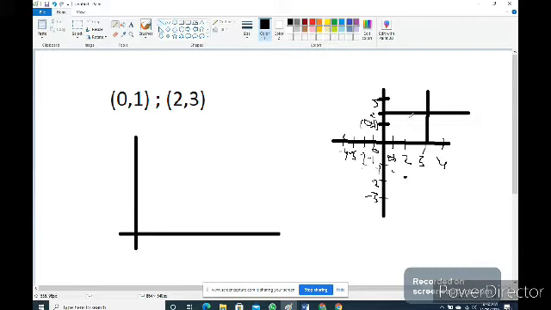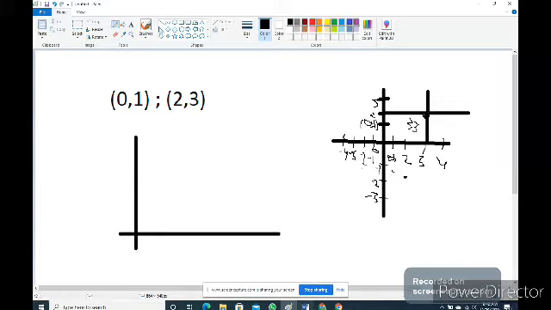You can directly mark this intersecting point. That's all. So we can directly plot coordinates like this.